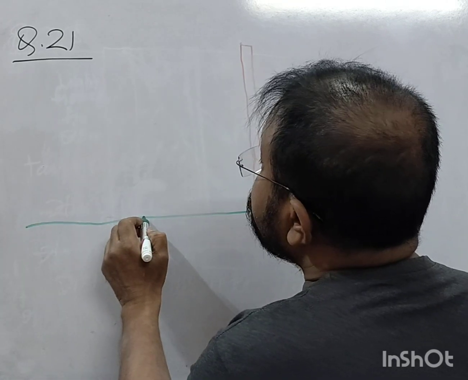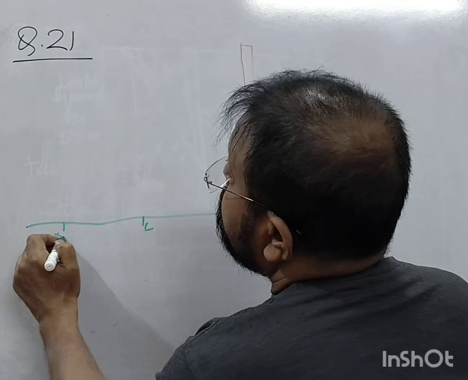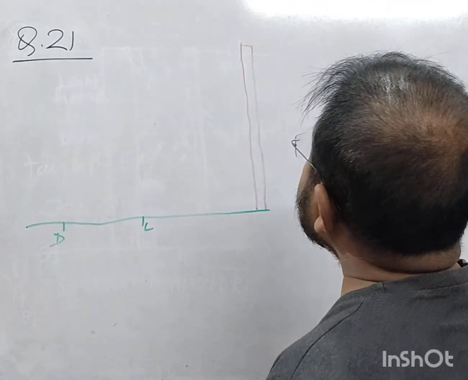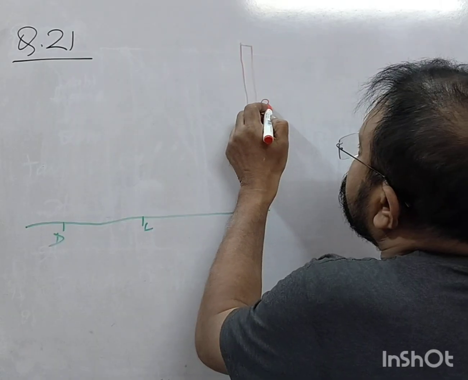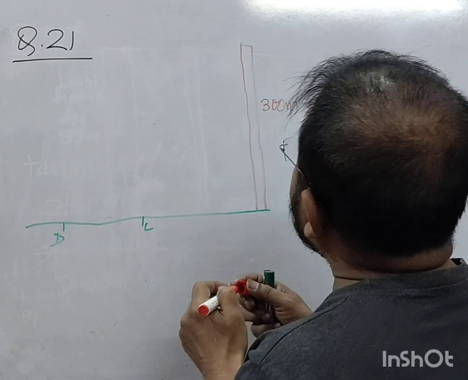There are 2 points C and D, and its height is 300 meter, right?